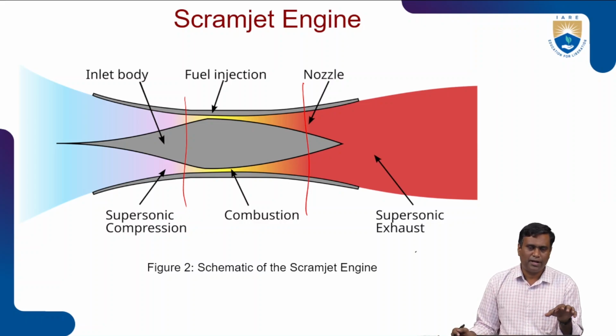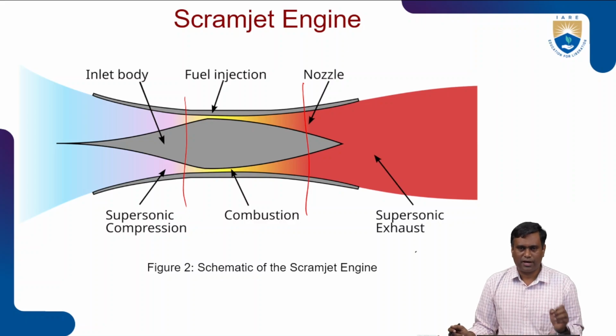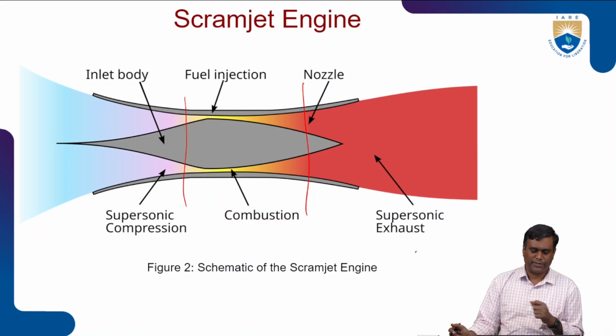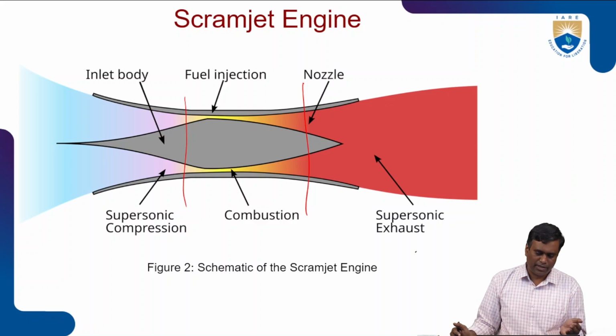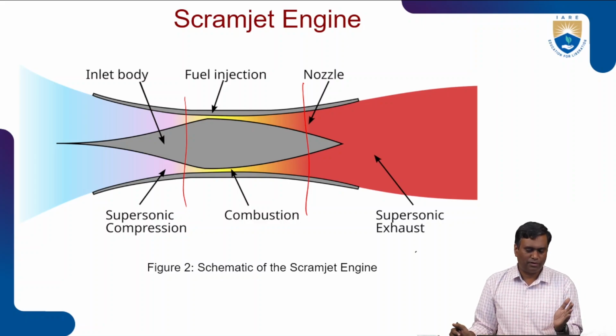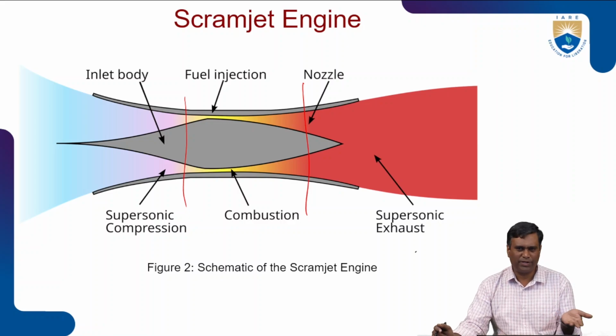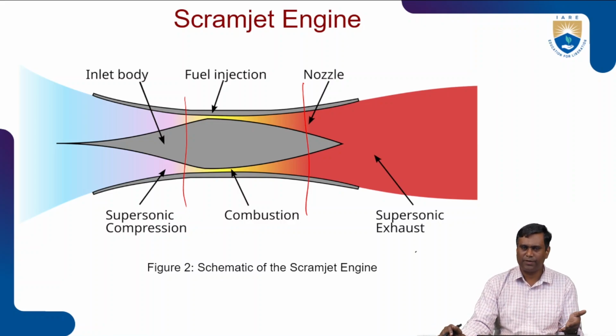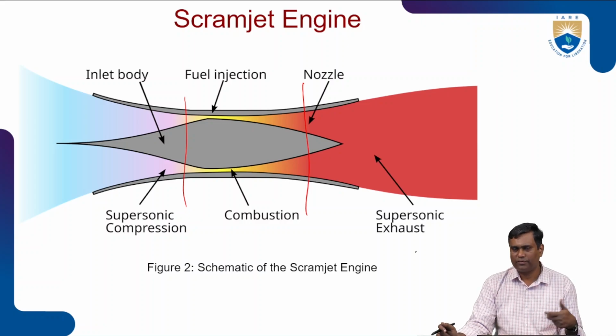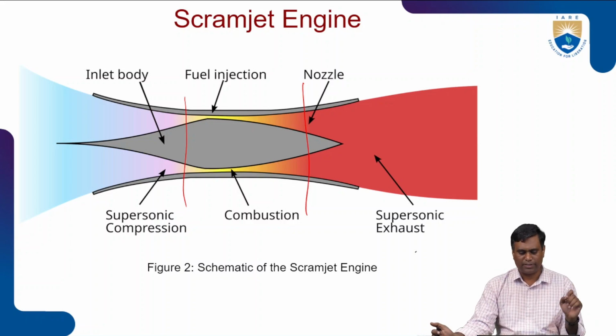In the ramjet, the inlet decelerates. In the scramjet, there is no deceleration; the inlet makes sure that combustion takes place at supersonic speeds only. Here also oblique and normal shock waves form, and with their help some deceleration takes place, but combustion is at supersonic speeds, right?